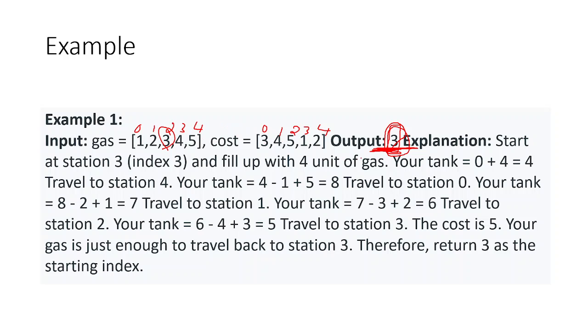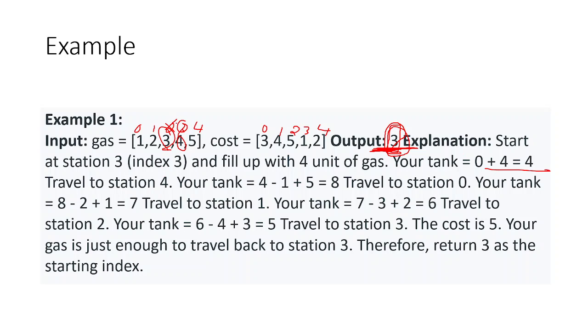So how is the answer 3? Let's see the explanation. The starting point is index 3. If you start from station 3, you fill up the gas, 4 units, and your tank will have this much.